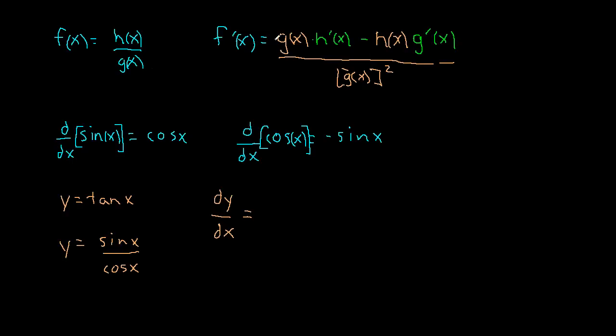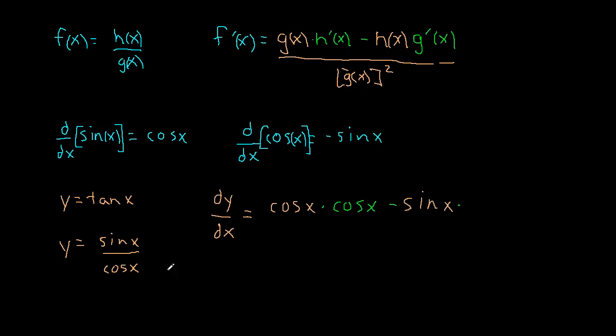It says take your denominator, which in this case is just cosine, and multiply it by the derivative of the numerator. Well, what's the derivative of sine? And we know that that is cosine. And then it tells us to subtract from it the numerator multiplied by the derivative of the denominator.